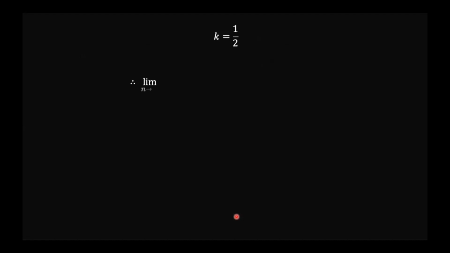What that means is that the limit as n tends to infinity of n times the integral of tan to the power n of x from 0 to pi over 4 is a half. And this is our much awaited answer.